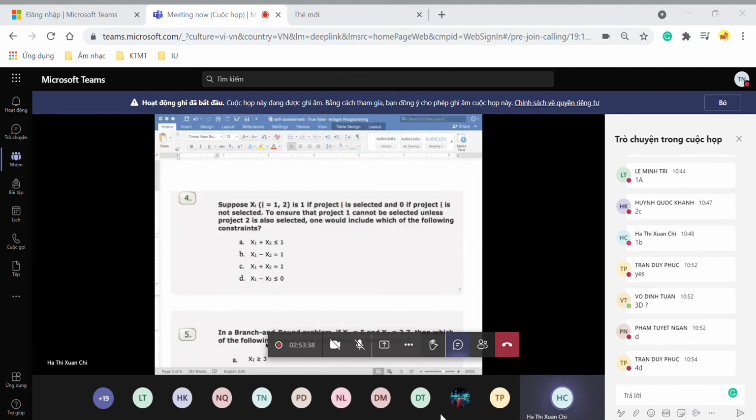Yes, 4 is this. So here it means that when x2 equals 1, x1 will be equal 0, right? Here x1 equals 1, so x2 must be equal 0.